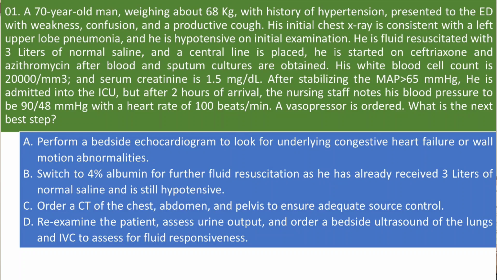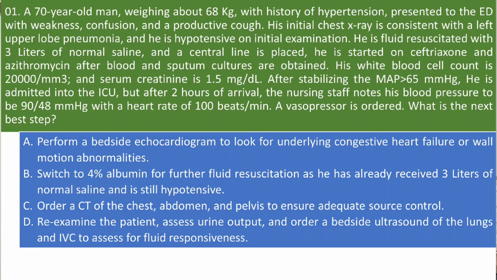He is fluid resuscitated with 3 liters of normal saline and a central line is placed. He is started on ceftriaxone and azithromycin after blood and sputum cultures were obtained. His white blood cell count is 20,000 and serum creatinine is 1.5 mg per deciliter. After stabilizing the mean arterial pressure above 65 mm of mercury, he is admitted into ICU.